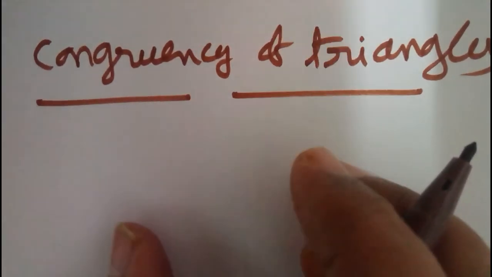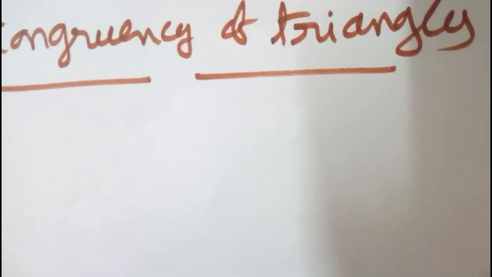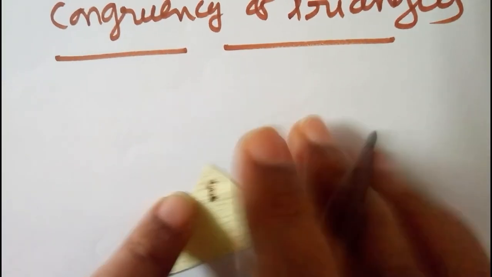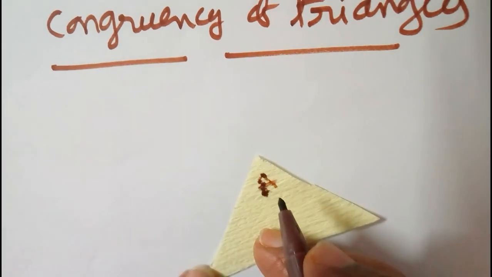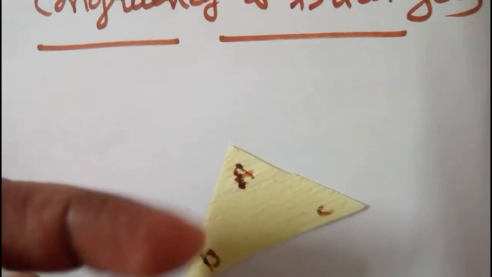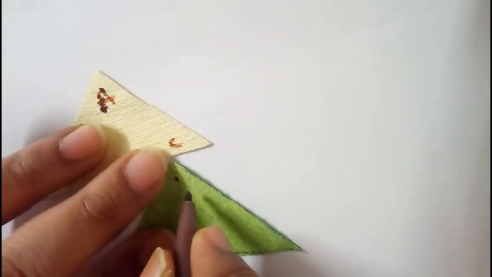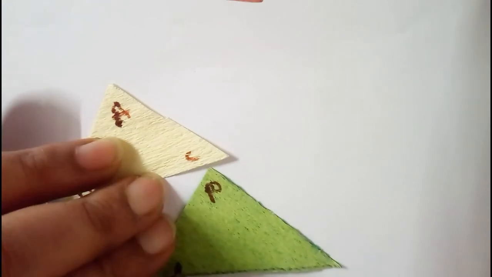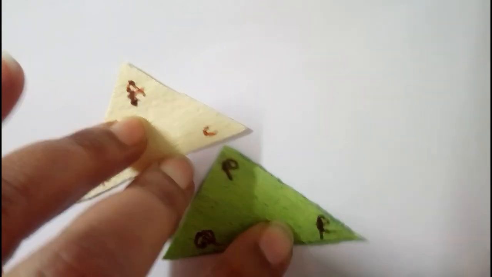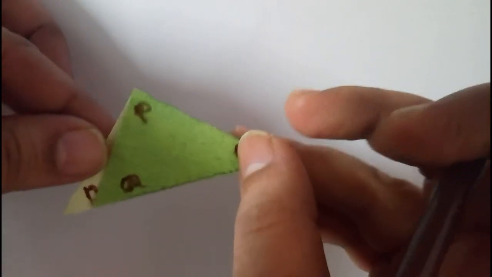Now let us consider two triangles. See, triangle ABC and triangle PQR. If you superimpose one triangle on another, this is the triangle ABC and this is the triangle PQR.